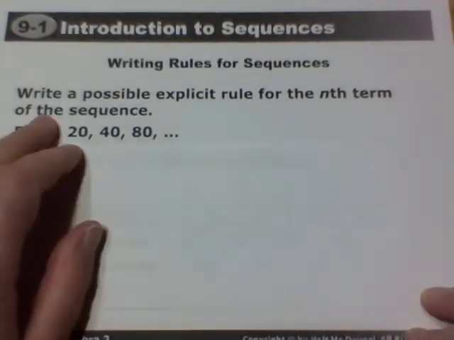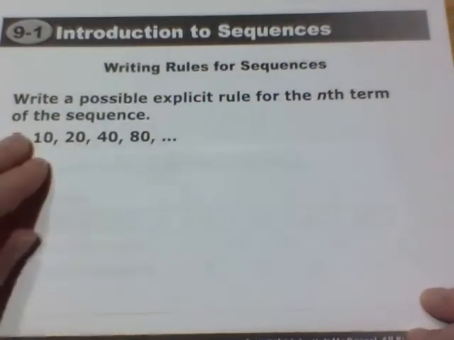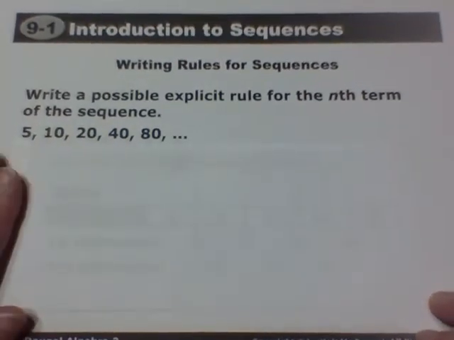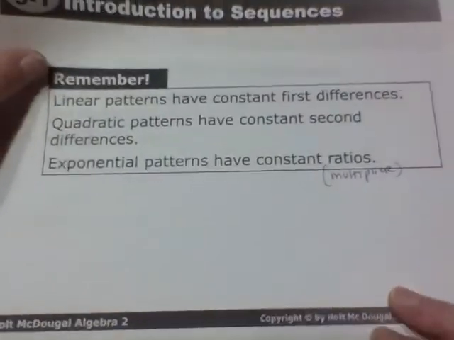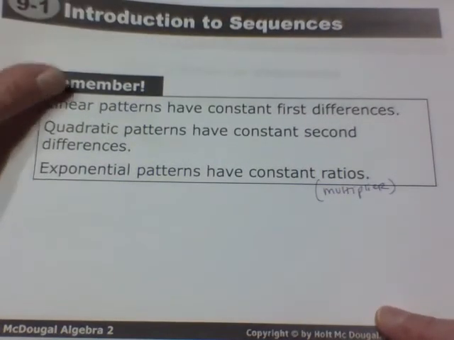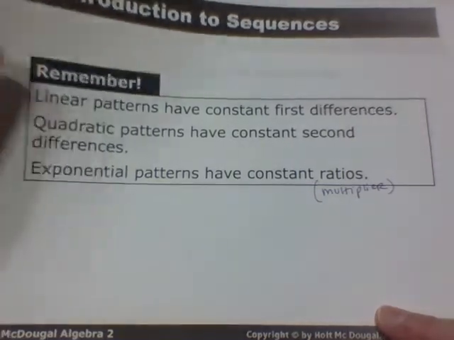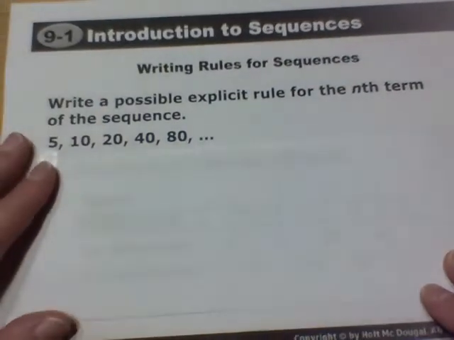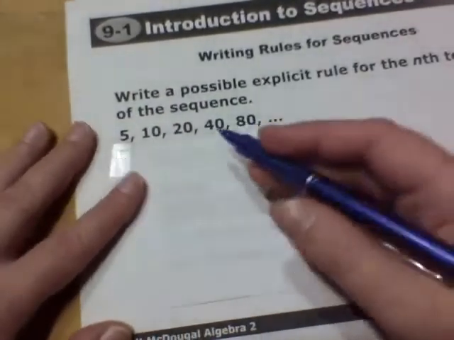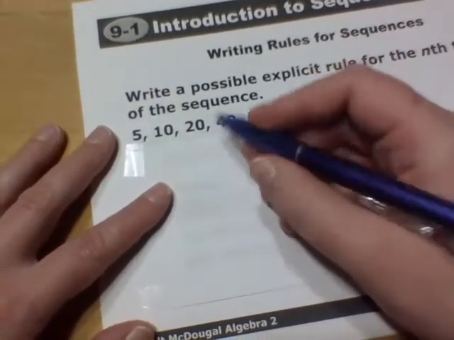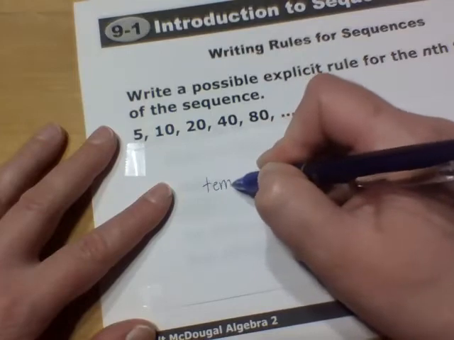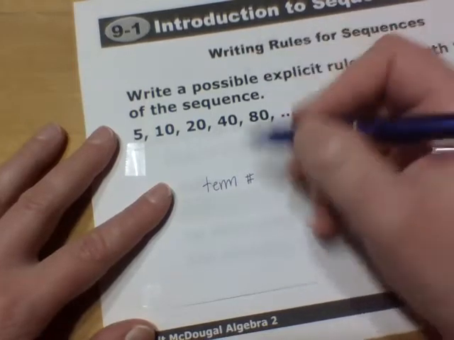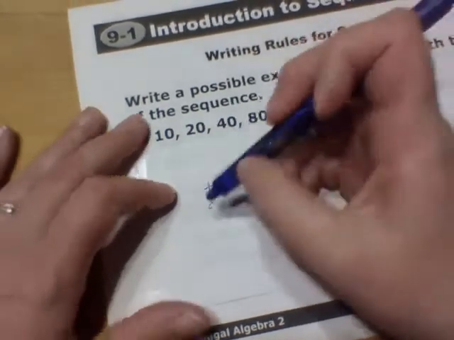So we're going to write a possible explicit rule for the nth term of this sequence. And there are multiple ways of going about this, but we are going to try to use this previous moment here to figure out at least if it's linear, quadratic, or exponential as we were writing it. So taking a look at this, let's see. The first thing that we're going to do is the term number. And then this is going to be the term itself.